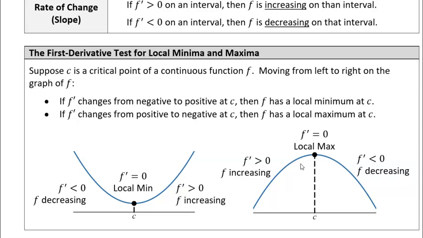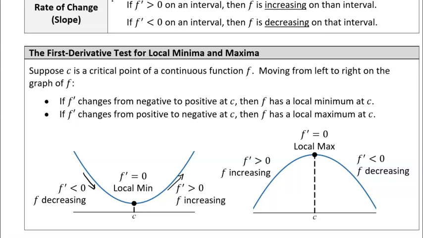So what we're going to do in this first derivative test is look at the first derivative, as you might expect, and once we identify those points where the derivative is 0, then we can evaluate the derivative on either side. We can look at points to the left and points to the right and figure out what the derivative is doing. So if the derivative is going from negative to positive, as it is in this first graph here, so the function goes from decreasing to increasing, then we have a local minimum.